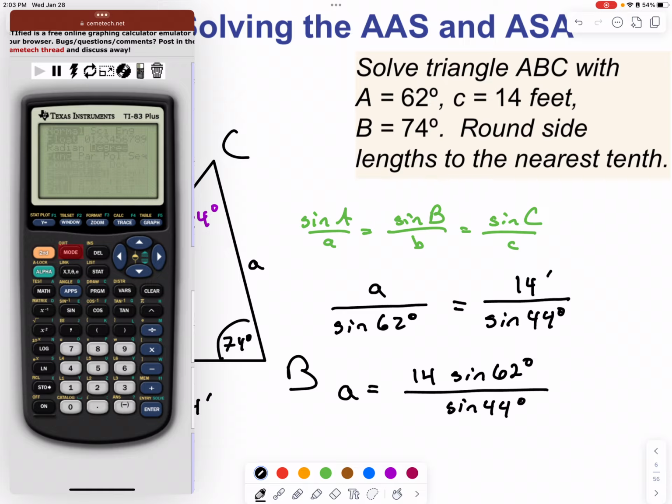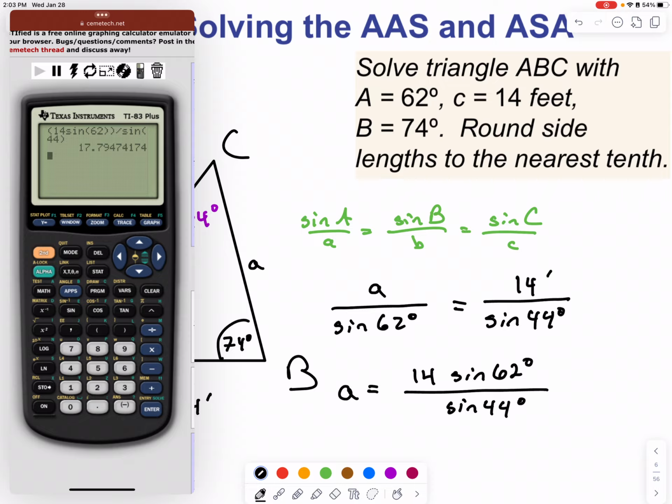Okay. Again, so we want to solve for A. That's going to be, let's do open parentheses, 14 times the sine of 62 degrees, close off the numerator, divided by the sine of 44. Okay. Round to the nearest tenth.